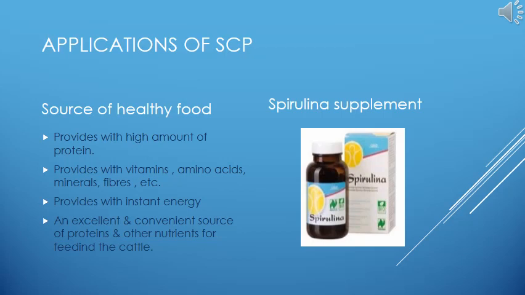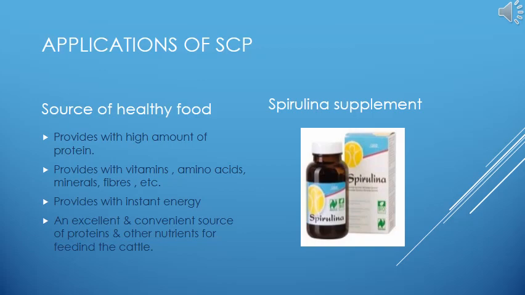They also provide vitamins, amino acids, minerals, and since they are rich in fiber, they prevent constipation and provide instant energy. They are also an excellent and convenient source of proteins and other nutrients for feeding cattle, since we are in need of more meat and milk from the cattle.